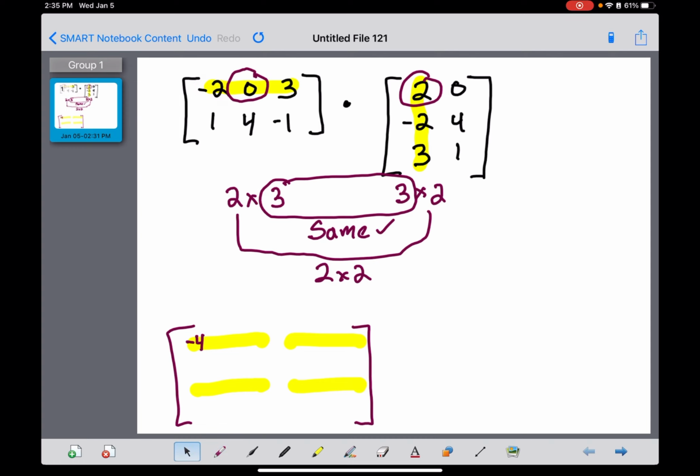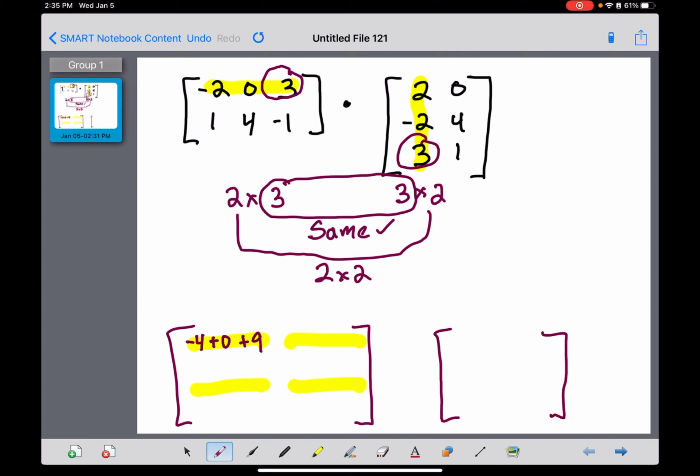Then we advance over and down, and you multiply those together. 0 times -2 is 0, so we'll put +0. 3 times 3 is 9, so we'll put +9. So that gives me that element. -4 plus 0 plus 9 is 5. I know that I'm going to have a 5 in that spot.